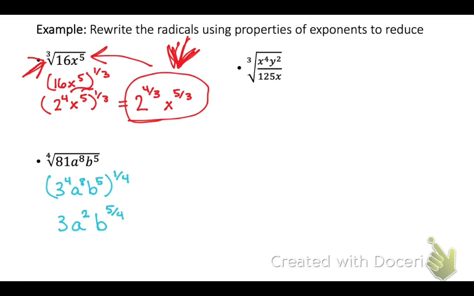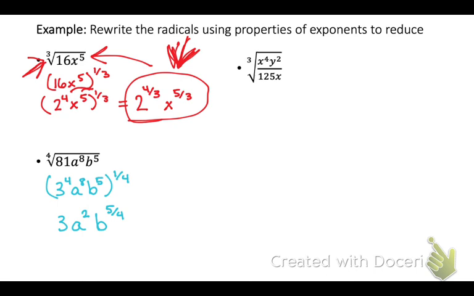Just using our product and our power rule. Okay, so what do you want to do first? Well, we can simplify 125, like 5 to the third.